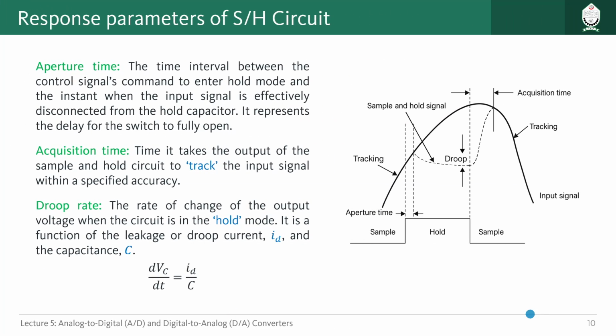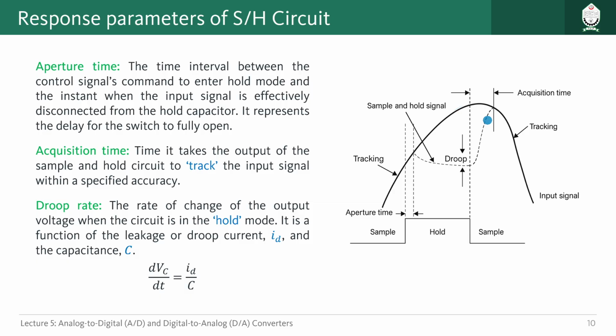Now let us look at some of the parameters we have for our sample and hold circuit. In this figure we can see how the waveshapes can behave in practice, for input and output. The graph with the prominent black line is the input signal, and this portion is the output signal after sample and hold.